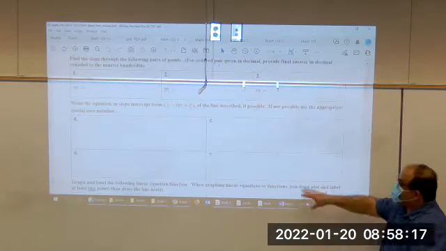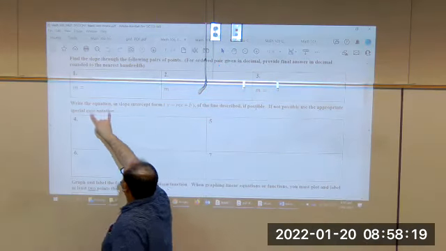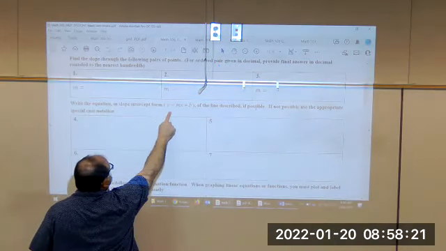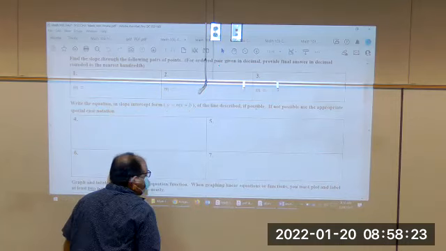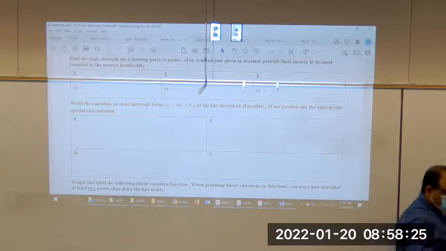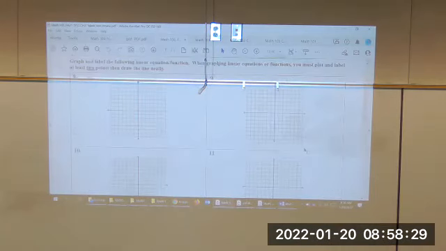There are 4 questions on your test where you're going to write the equation in slope-intercept form. And then the next 4 problems, you're going to do graphing.